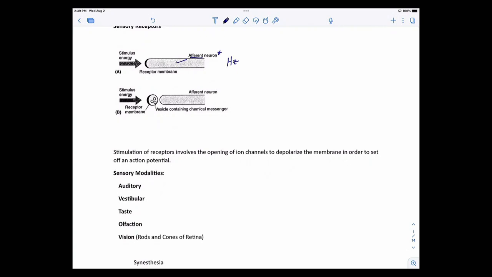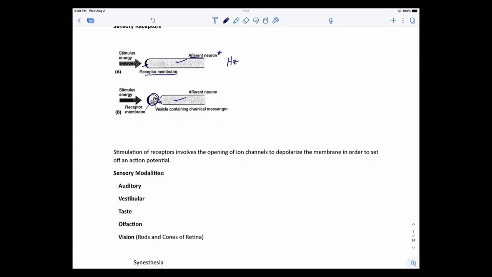So you could have some stimulation of energy that happens to interact with receptors on a neuron membrane itself, or you could have some type of energy stimulation that interfaces with some other specialized cell structure, and then that specialized cell structure can release compounds that would in turn cause action potentials to happen in the sensory neuron, or the afferent neuron.